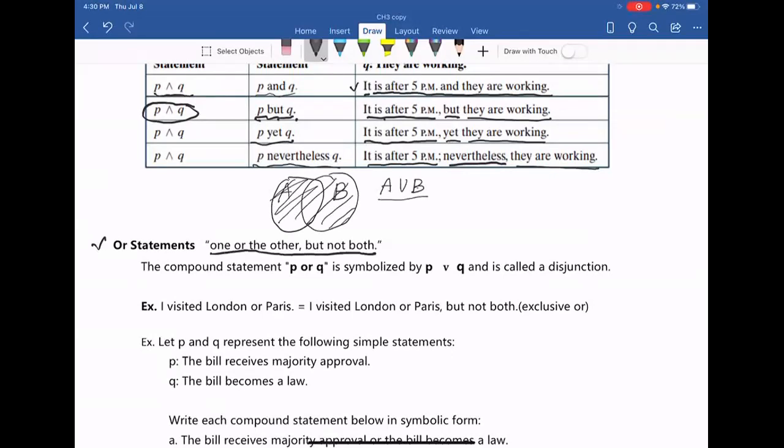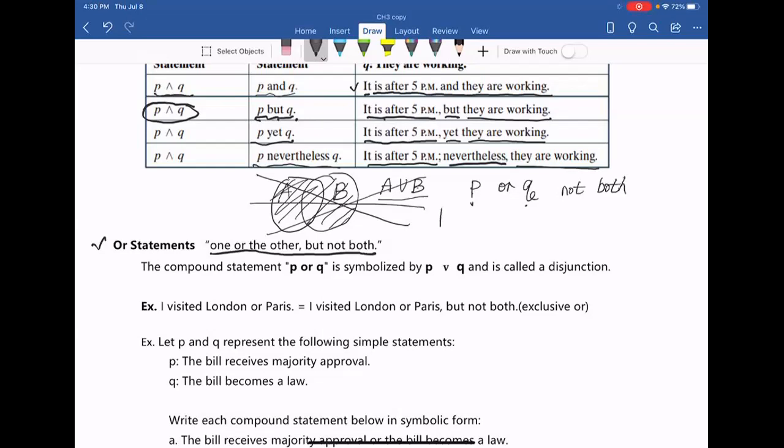But here, don't be confused. This is a statement, not a set. So if I say the statement P or the statement Q, that means P or Q, not both.